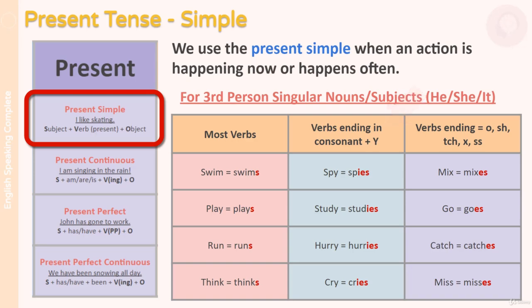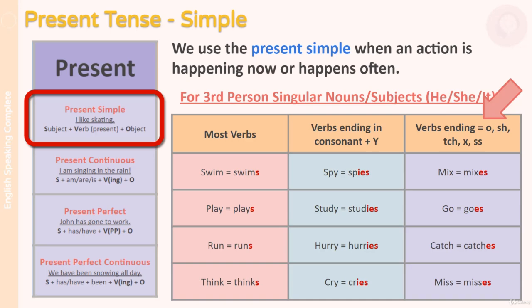So on top of that, we also have a different spelling for verbs ending in O, SH, TCH, X and double S. So mix would become mixes. David mixes the ingredients together. So that's still present simple tense. I just need to change mix, the verb in the sentence, to a different form, mixes.